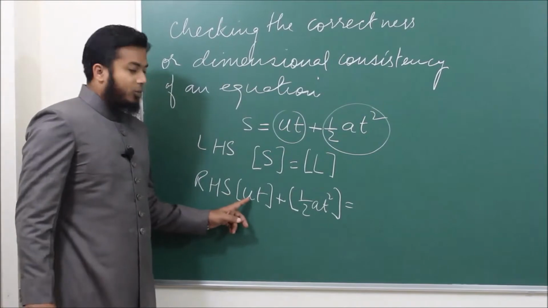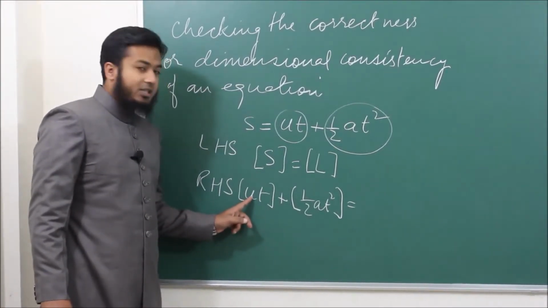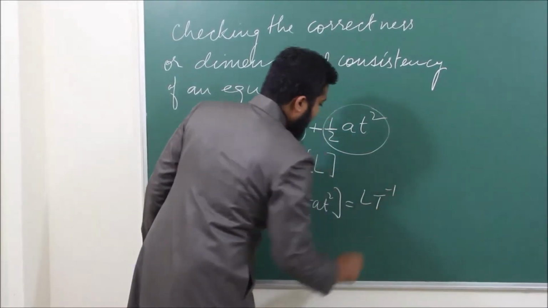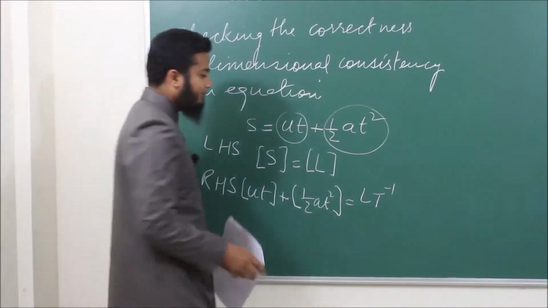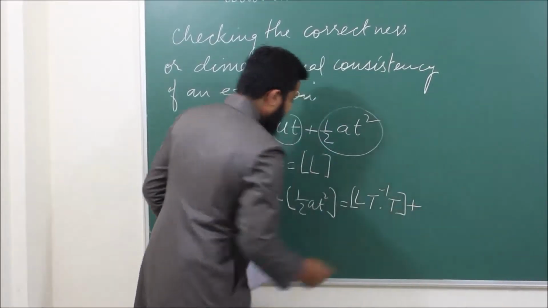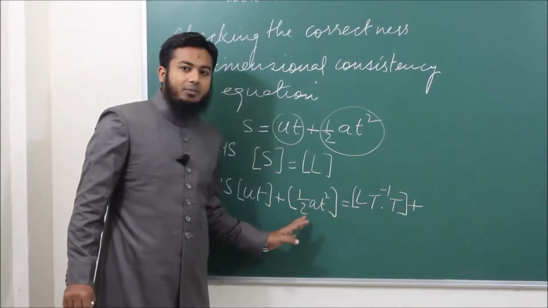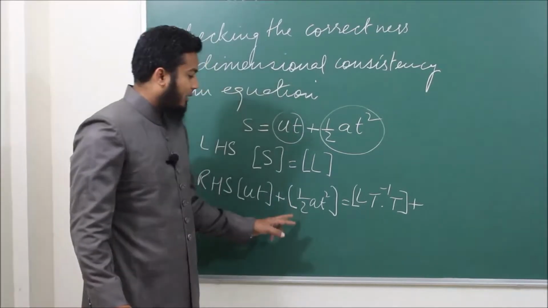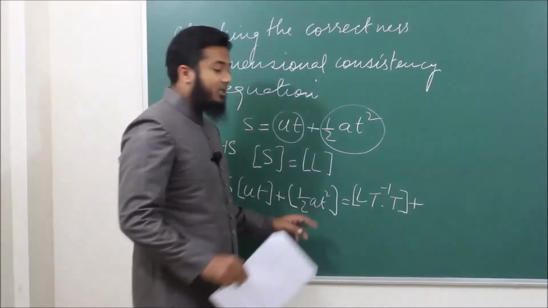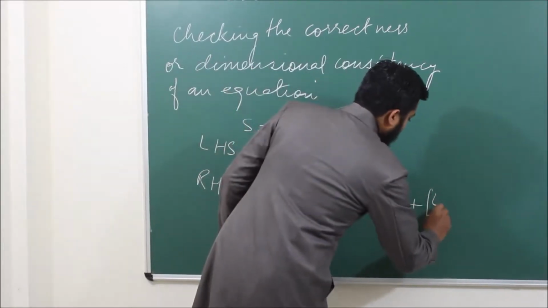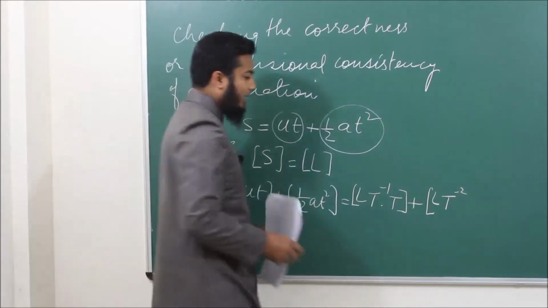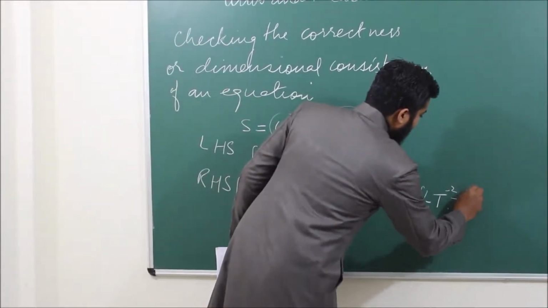The dimensional formula for speed, as we saw last time, is Lt minus 1, and this t is time, so one more t. In this part, half is a number which is dimensionless. It has no dimensions. So just the dimensional formula for a, which is Lt minus 2, and this t is squared, so time square.